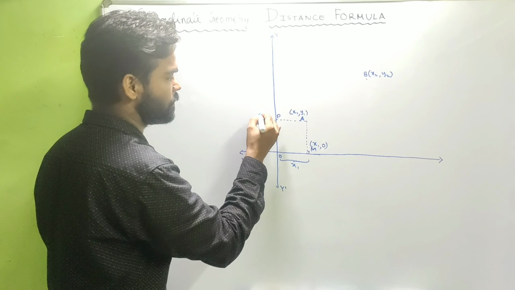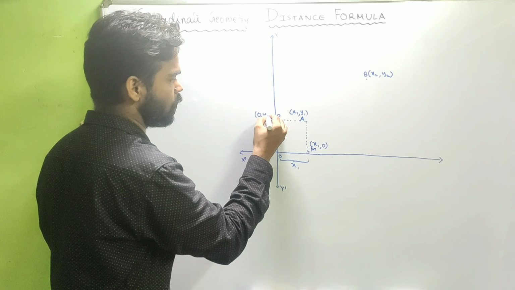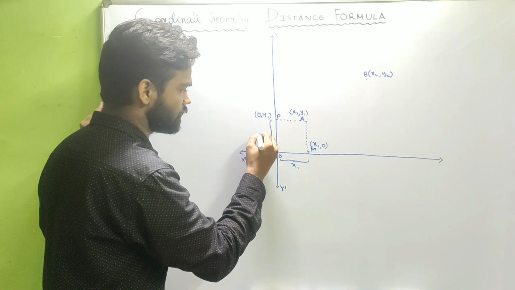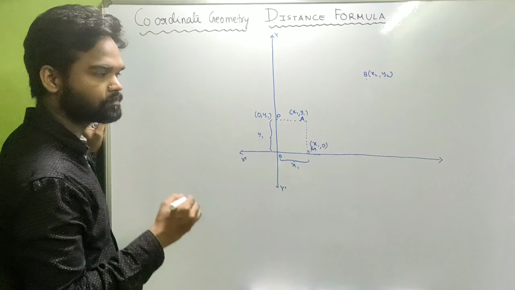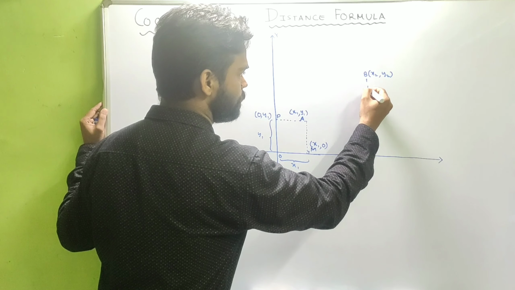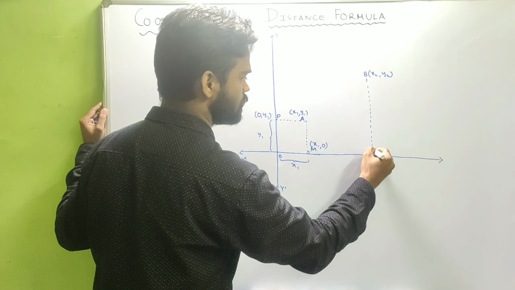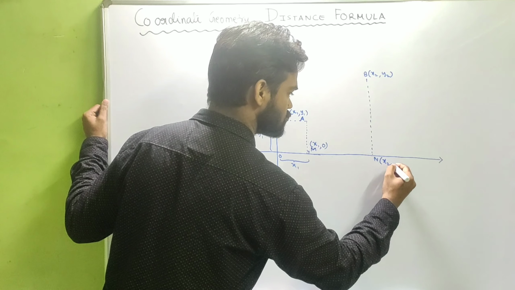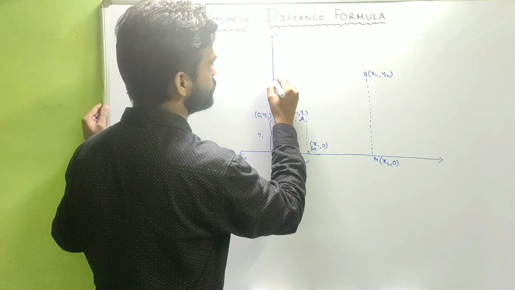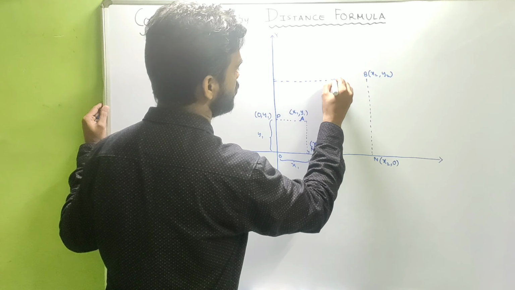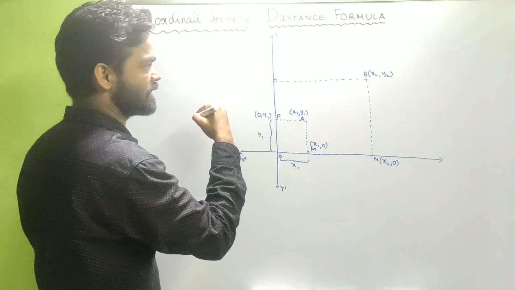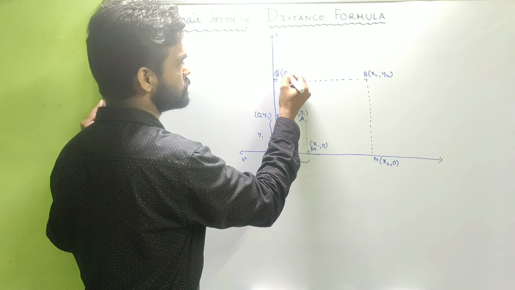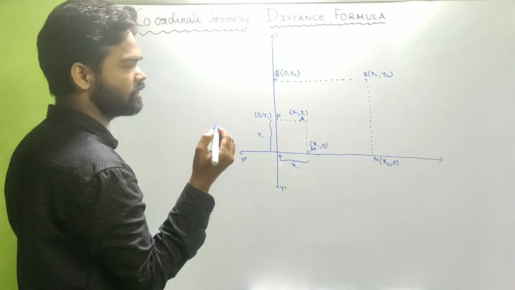Similarly, the coordinate of P will be (0, y1), a point on the y-axis, and this distance is y1 unit. Similarly, if I drop a perpendicular BN on the x-axis, N will be (x2, 0). And if I drop a perpendicular from B on the y-axis, BQ, then Q will be (0, y2), isn't it?